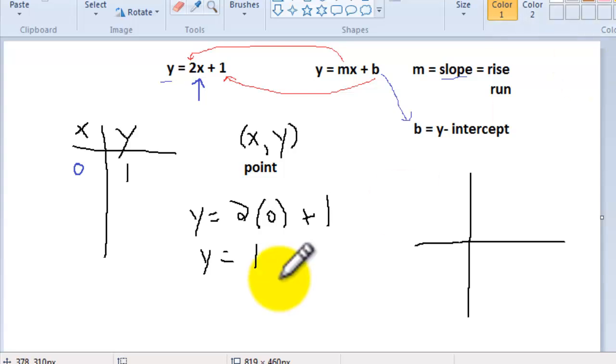Okay, let's try another point. Let's plug in 1. When x is 1, and I'm going to draw all these out, y equals 2, and plug in the 1 for x, plus 1. So 2 times 1 is 2, plus 1 is 3.